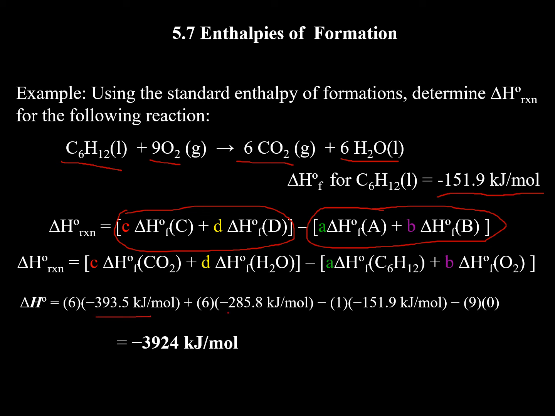I got them from the table that I just previously showed you. I took into account the coefficients, 1 for C6H12, 6 for CO2, 6 for the water. O2 will be given a value of 0 in a stable form at 298 Kelvin and 1 atmosphere. And when I did the math, I get negative 3924 kilojoules per mole.